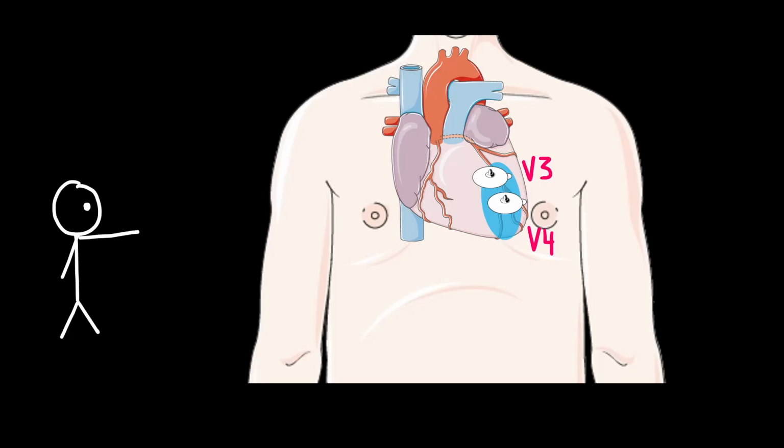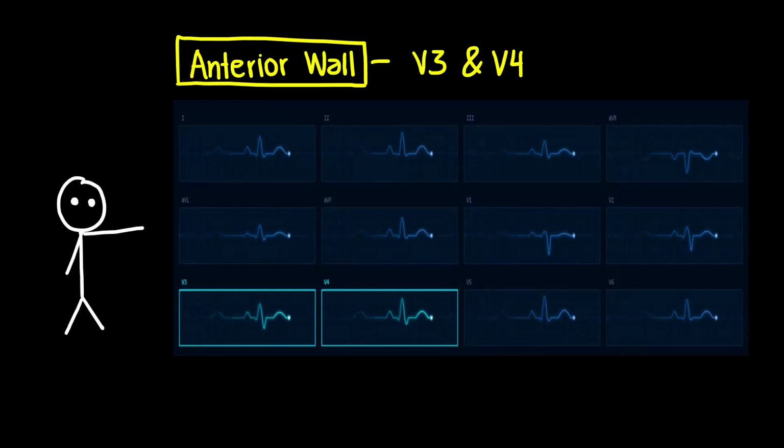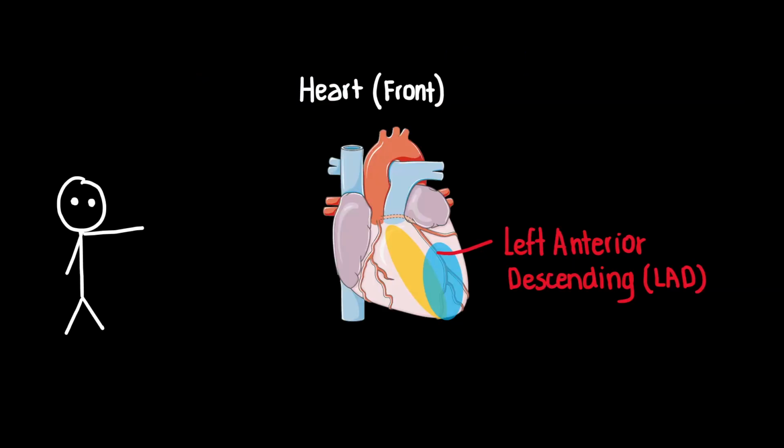V3 and V4 watch the anterior wall. Now, both the septal and the anterior walls are supplied by the same artery, the left anterior descending artery, the LAD. Sometimes it's called the widowmaker, because when it blocks, a large territory goes down at once.